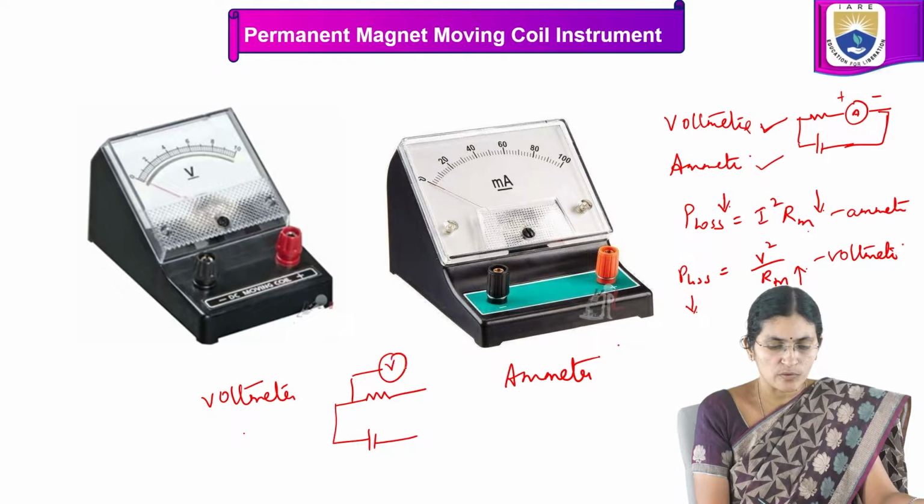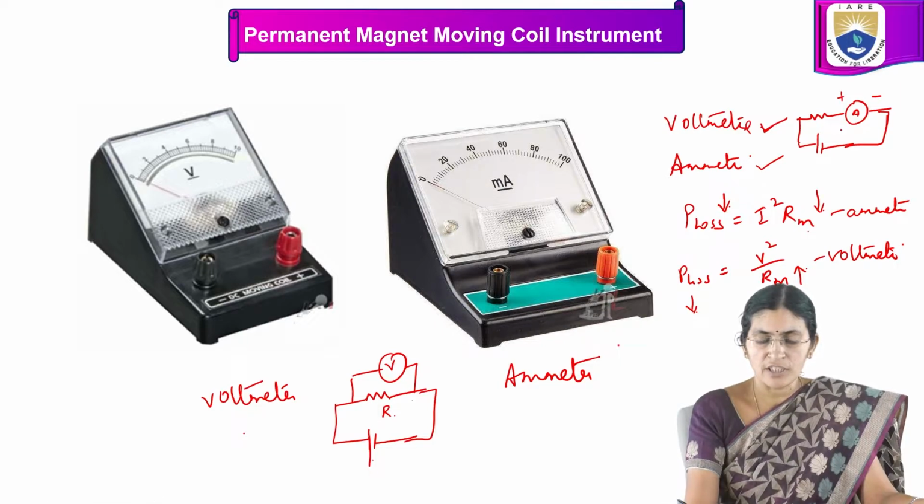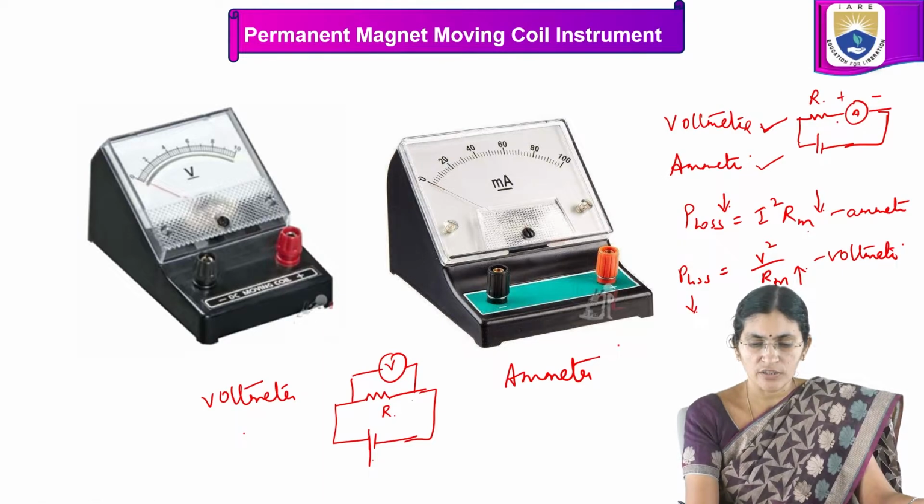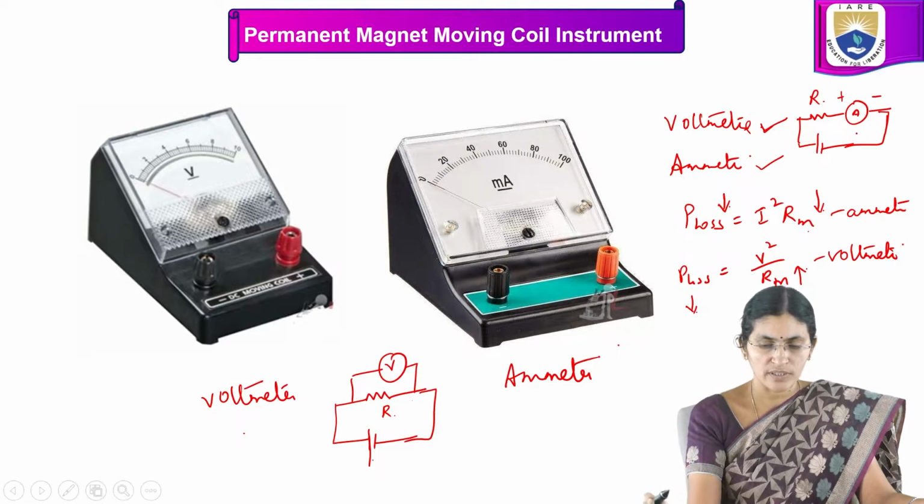So here this is the voltmeter. If we want to measure the voltage across this resistance R, then we need to connect this voltmeter across this element. If we need to measure the current in this circuit, we need to connect the ammeter in series with this circuit as shown here.